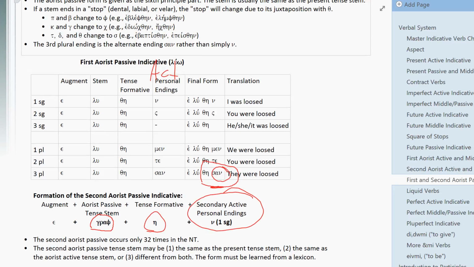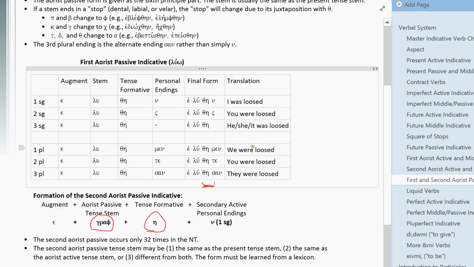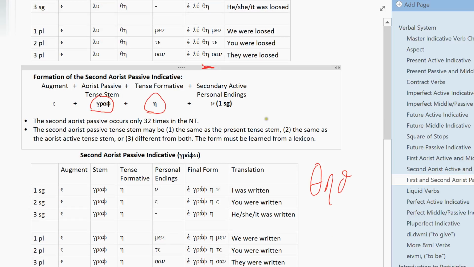There is no connecting vowel with the aorist passive. So that's just one thing to remember. If you see thes, it could be the tense formative for the future passive, or it could be this theison, this third person plural of the first aorist passive. Okay, hope that wasn't too confusing, but just remember the thes can go either way.